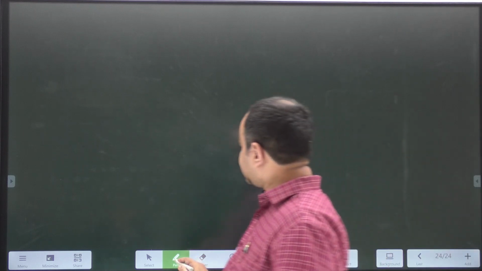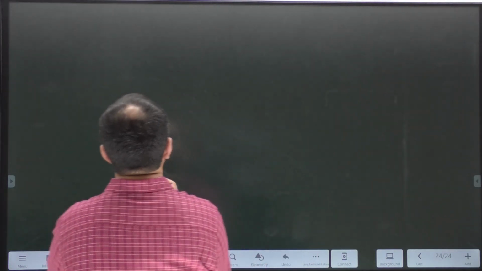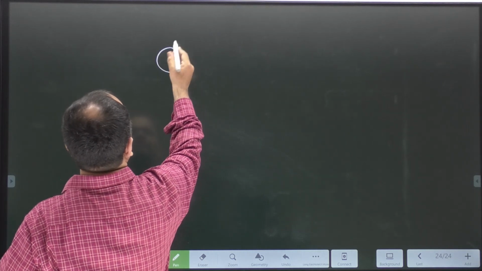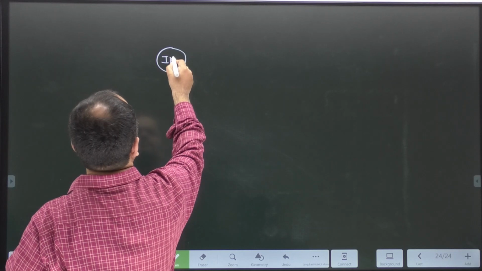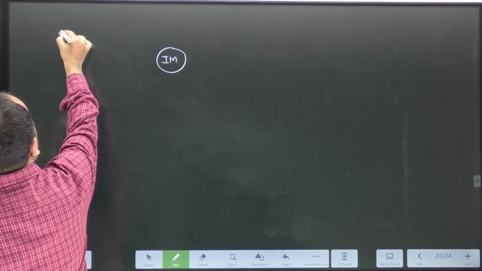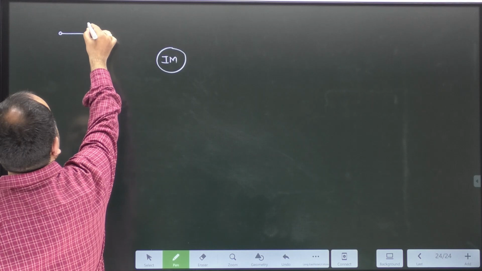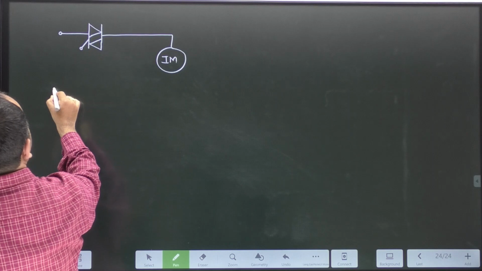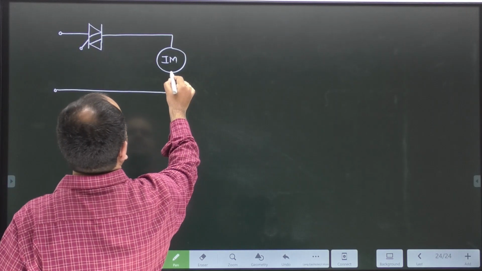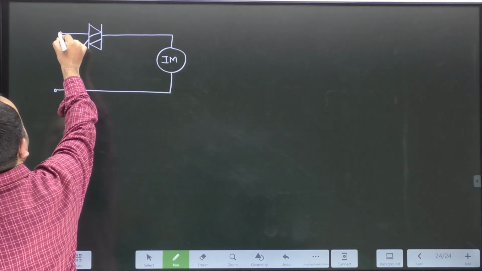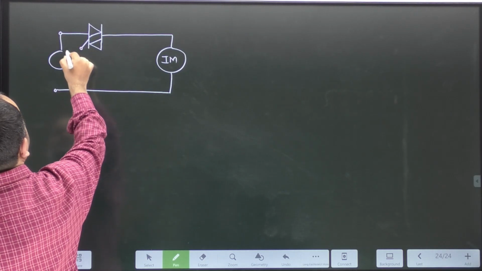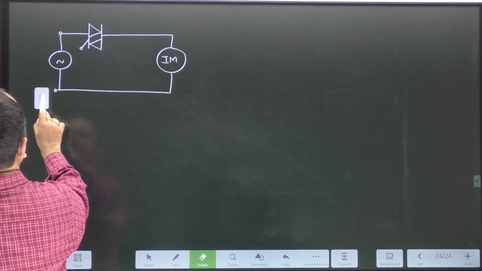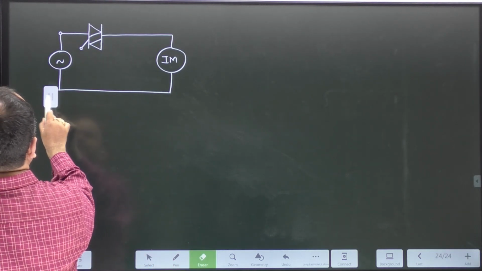So if you see the power electronic circuit that will give you this type of output, say for example, this is an induction motor. One of the basic devices that will give this is a triac, or you can also say a single phase AC voltage regulator.